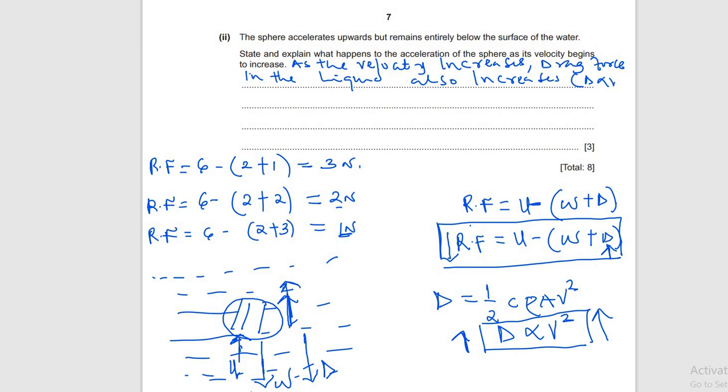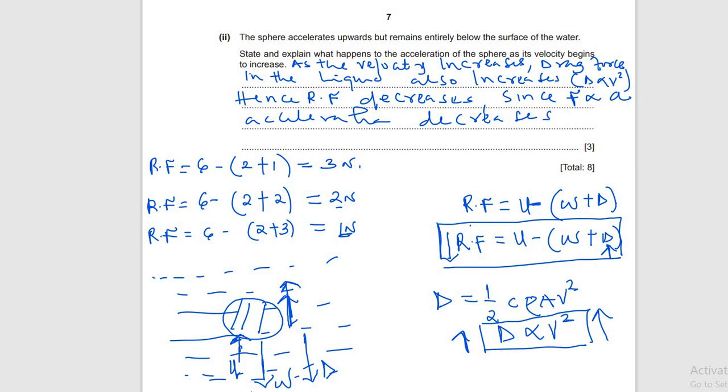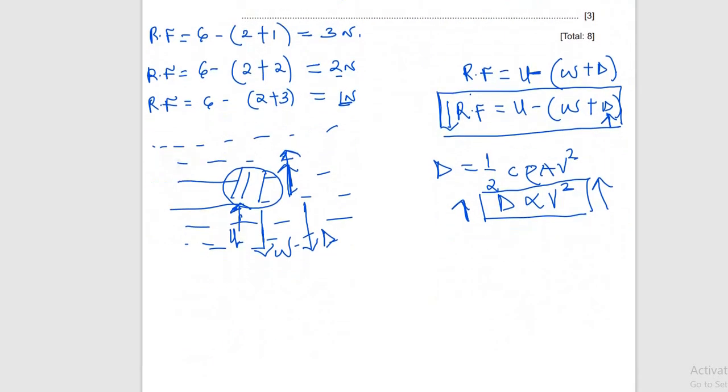Drag force is proportional to v squared, so it also increases. Hence, resultant force decreases. Since force is proportional to acceleration, acceleration decreases. This is what the examiner is looking for. That's it. Let's move to the next one.